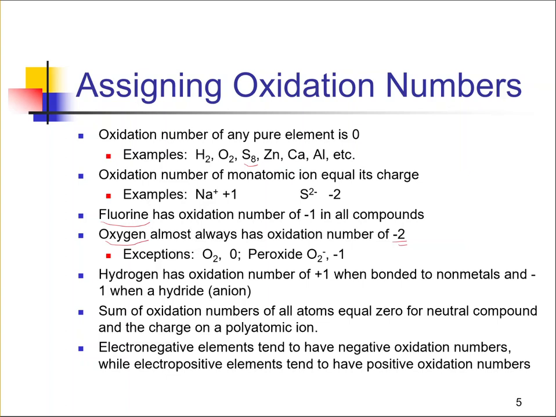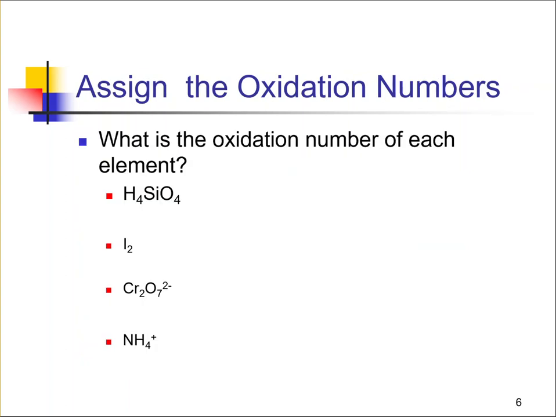So let me show you a couple of examples on how you can assign oxidation numbers. We want to assign oxidation numbers for each one of the elements of these compounds. The first one, H4SiO4, consists of hydrogen, silicon, and oxygen. The way you want to approach this is that when you're given a compound, you look and find the elements where the oxidation number is fixed.